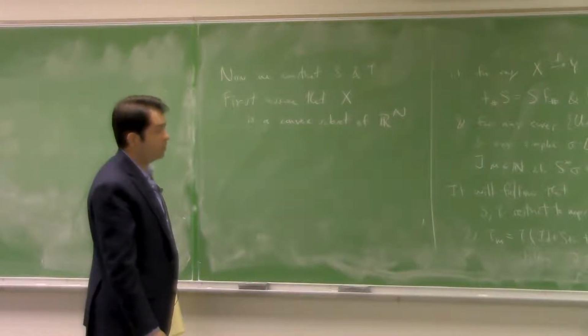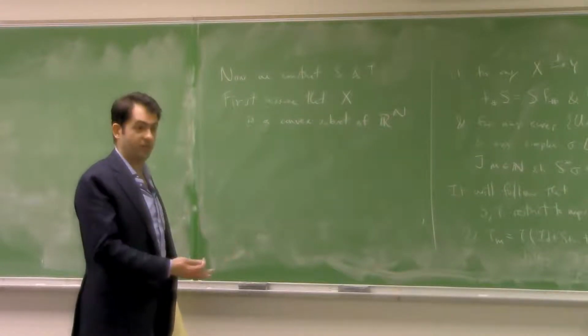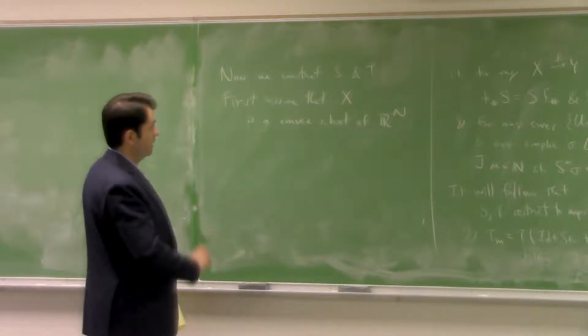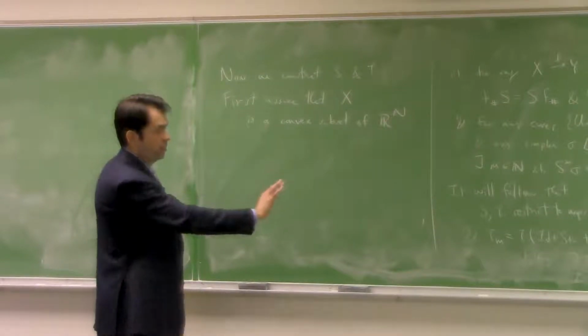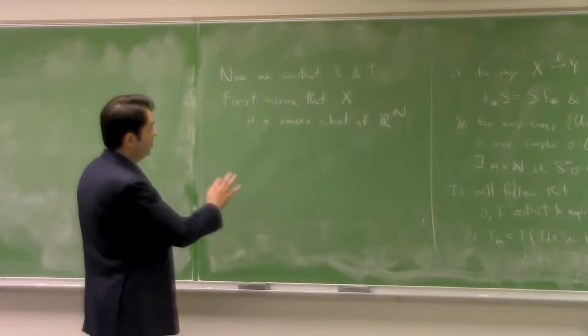Okay, because I want to be able to talk about linear functions and take cones and things like that. So let's assume we're working here, and then we'll figure out how to transfer this to an arbitrary topological space later. Okay, so assume we're working there.